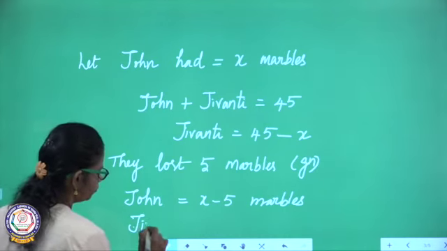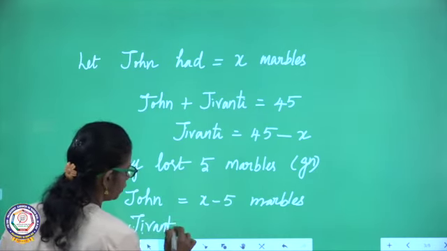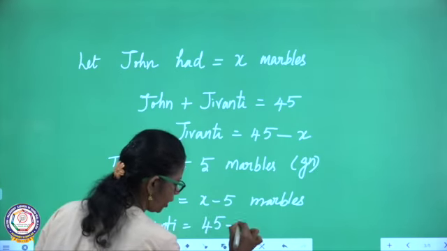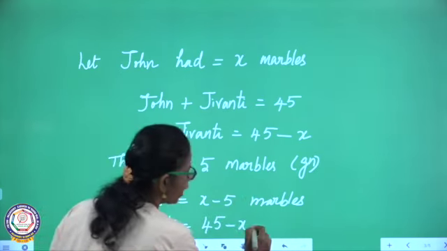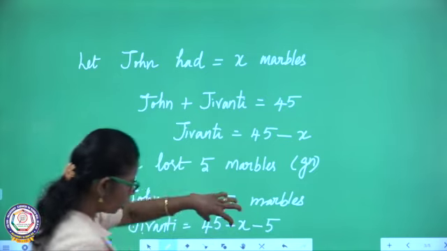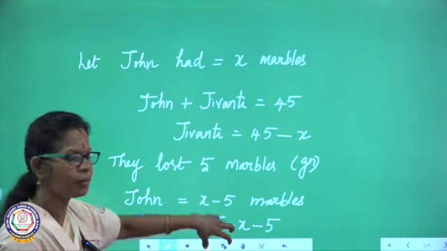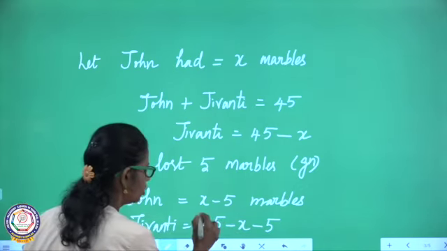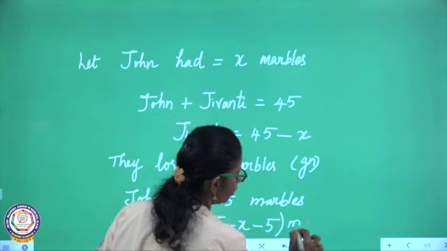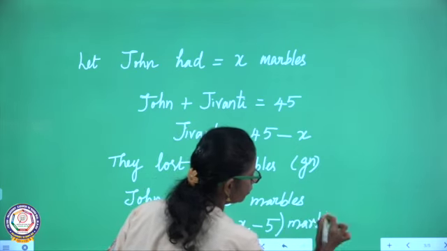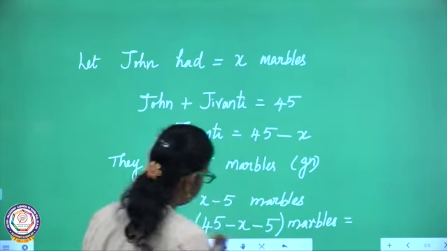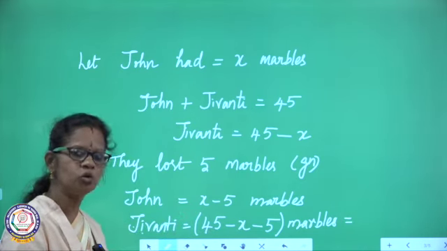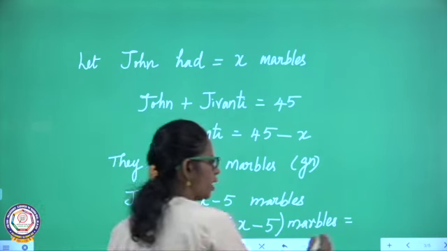Jivanti equal to 45 minus X minus 5, right? 45 minus X is the original marbles. He lost 5, so I subtract minus 5 marbles, which is equal to, see, 45 minus X, positive, negative, do the subtraction and put the greater number's symbol.